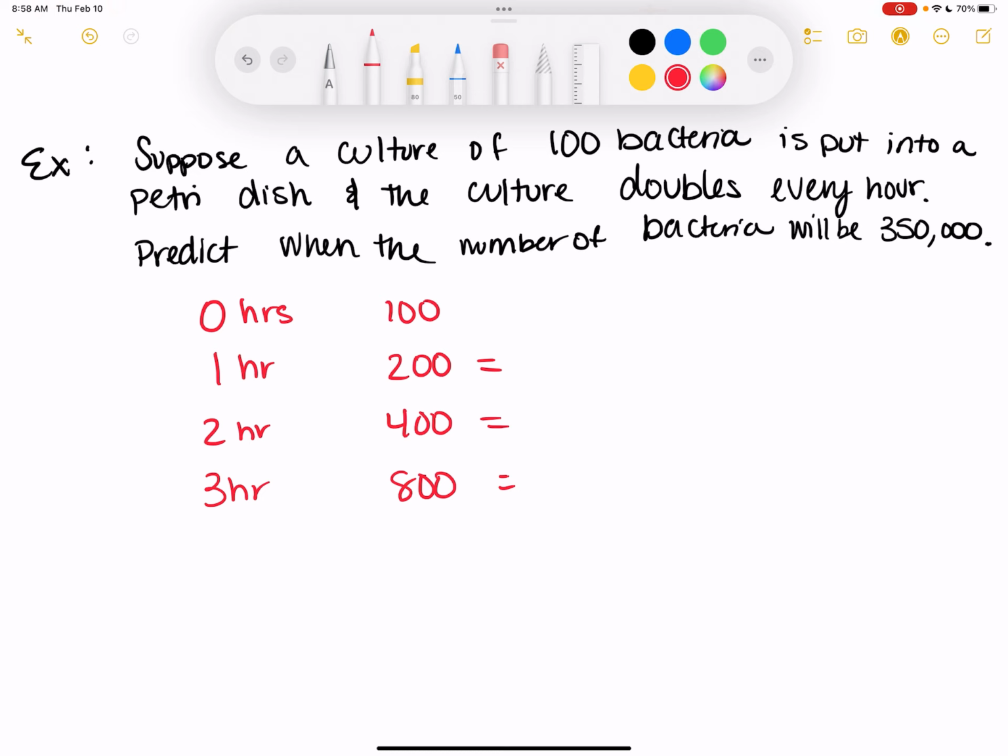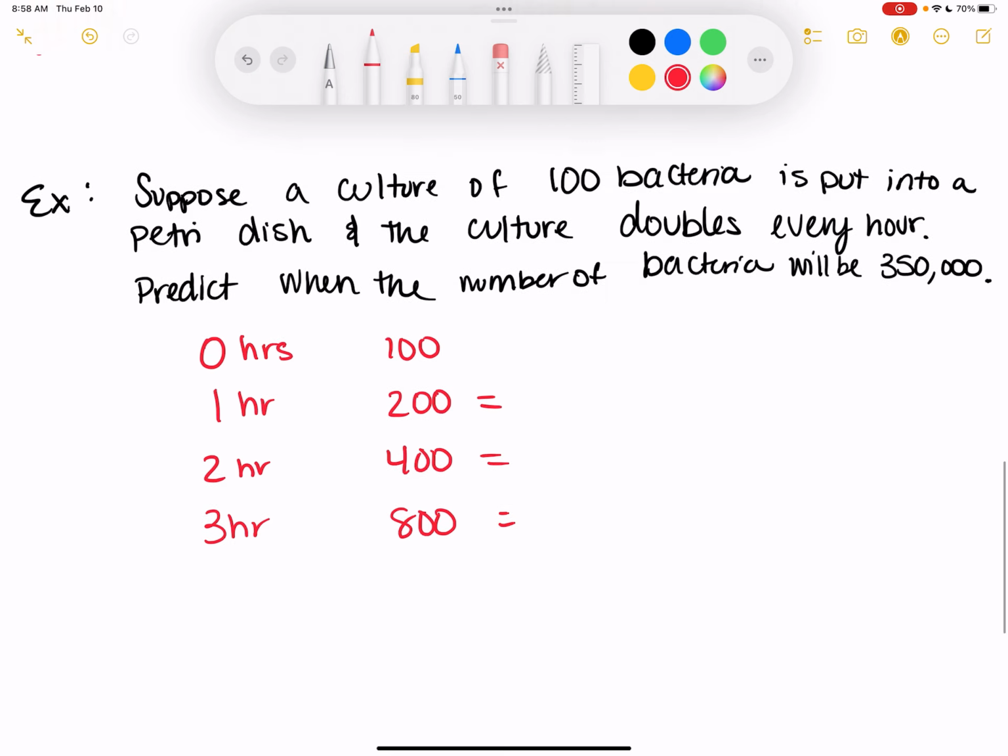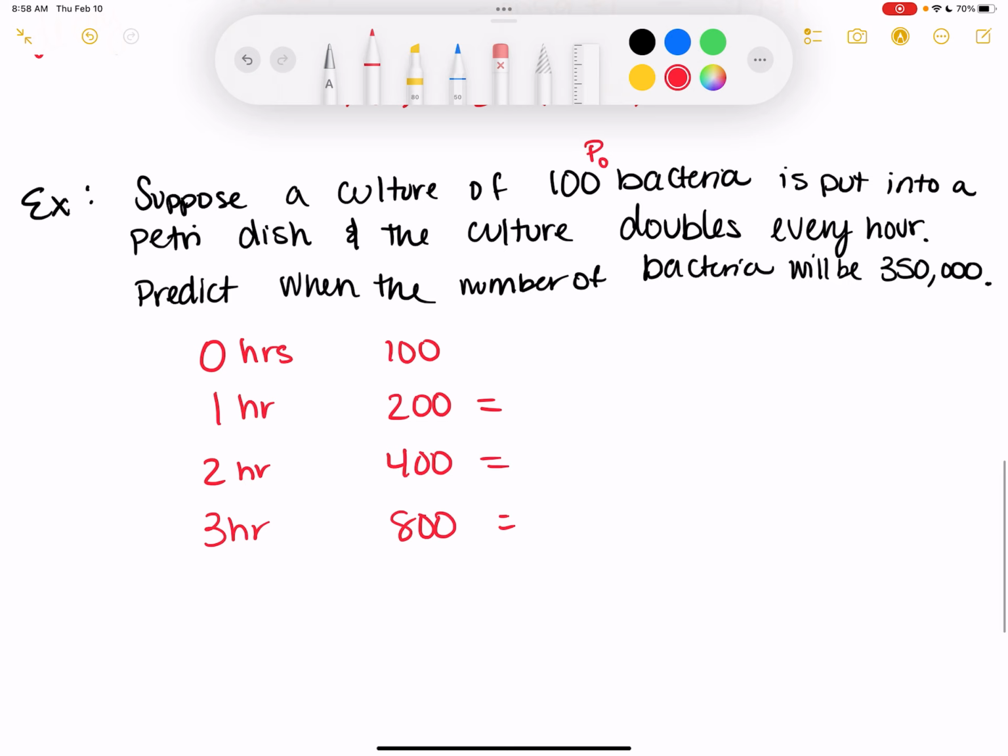So I'm going to write something over here, and then we're going to come up with a pattern for this. Our initial value, this 100, is our P sub 0. So it's going to be 100 times 2, and this is what's changing every time. So it's raised to the 1 in this case.